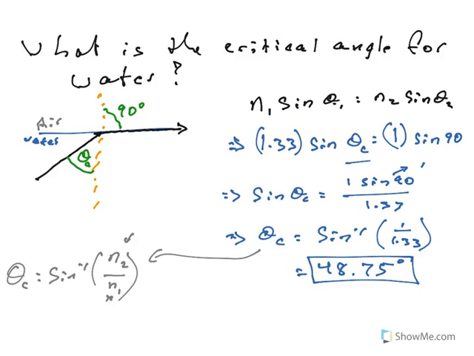But notice this didn't just come from nowhere, it comes from Snell's Law. And it's been my experience in the past that if students learn how to do critical angle from Snell's Law, they get a much better practice for all of the refraction problems, not just for critical angle, than if they try to memorize critical angle as its own equation and Snell's Law as something else.